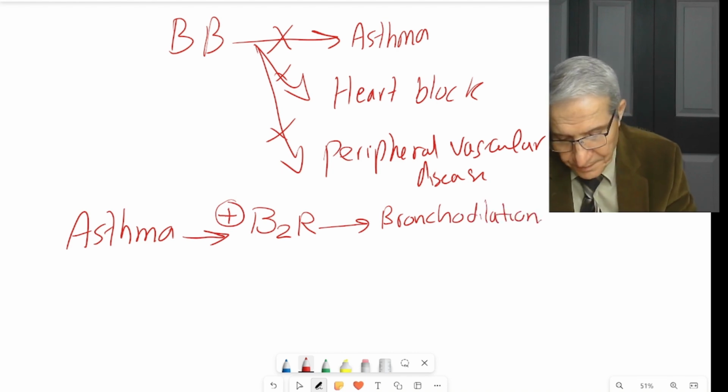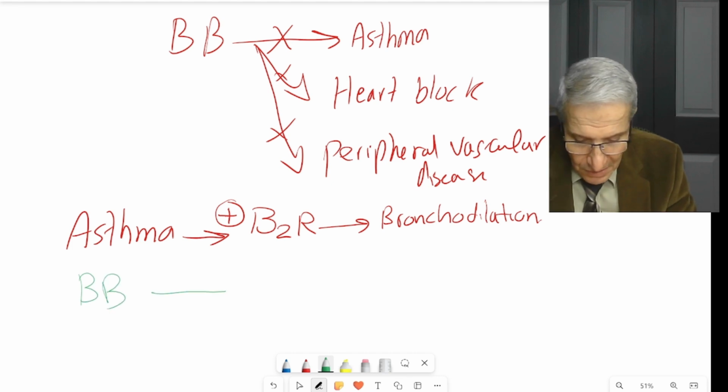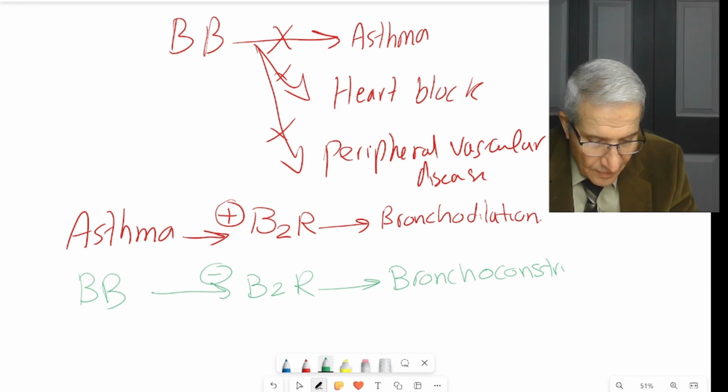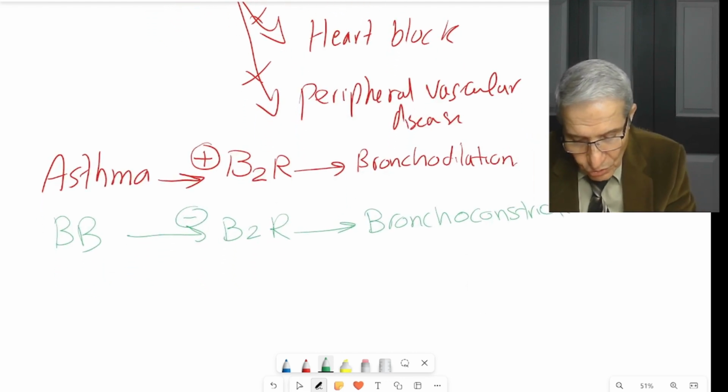Okay, what happens if you block the receptor? So you prescribe beta blocker to your patient. Beta blocker will block the beta 2 receptor in the bronchial tree. The result will be bronchoconstriction. For this reason, we talk about non-selective here.